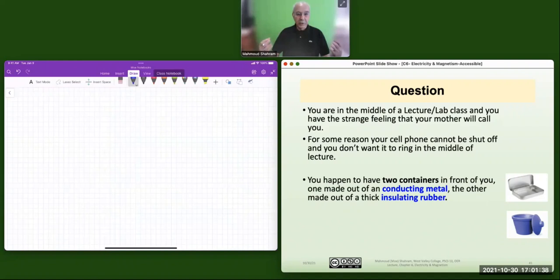When somebody calls you, as we will discuss in more detail, electromagnetic waves reach your cell phone, and your cell phone recognizes that electromagnetic field with its signature or frequency and coding, and it starts ringing. If you shield that electromagnetic field with metal, then that electromagnetic field doesn't reach it.